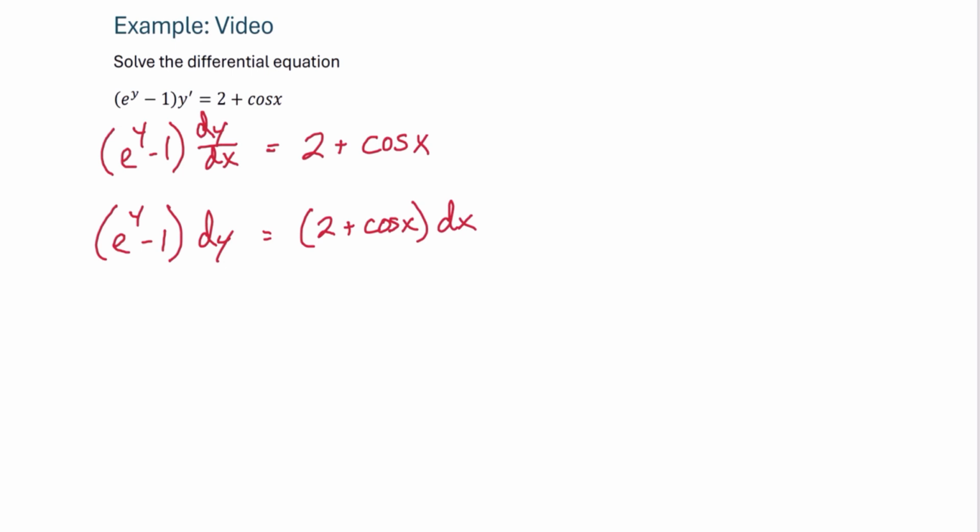Now that we've separated the functions, we can integrate. On the left, when we integrate, we get e to the y minus y equals. On the right side, we get 2x plus sine x plus c. Technically, there's a constant on the left side as well, but we just combine it into the constant on the right side.